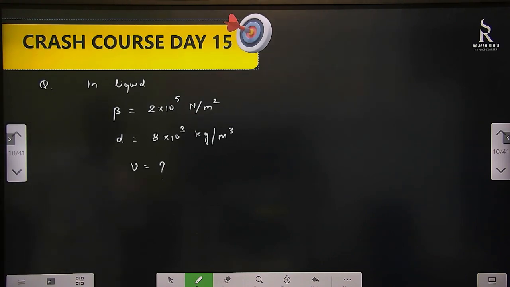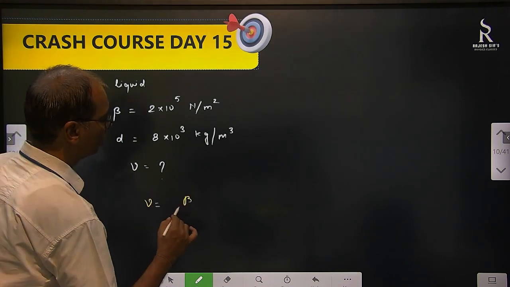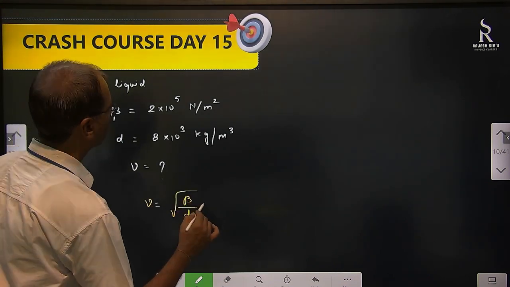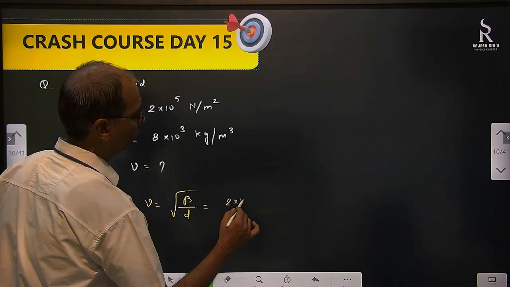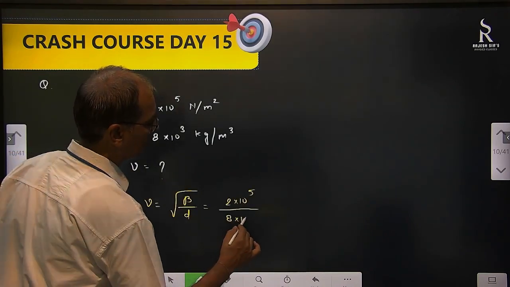Another question is there, but this time in liquid. What's given? Beta is given and density also given. So we know the formula. V equal to root over beta by D. 2 into 10 to the power 5 by 8 into 10 to the power 3.